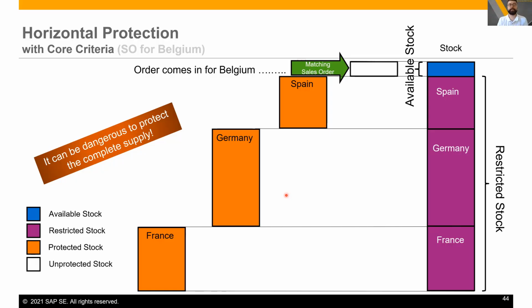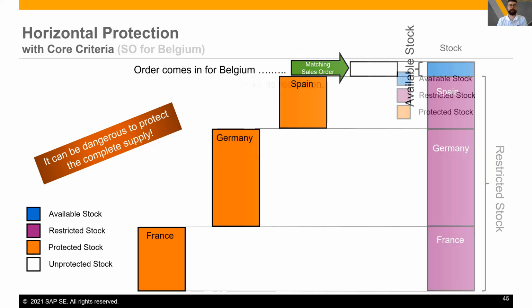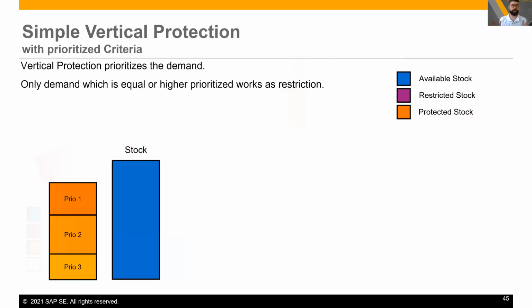Having said that, I hope you get the concept of the supply protection, and obviously it is much more sophisticated with regards to its possibilities. You can also have a prioritization within one of these groups.